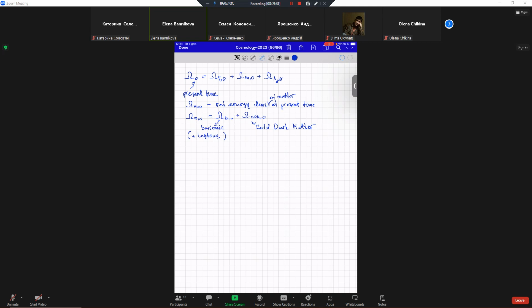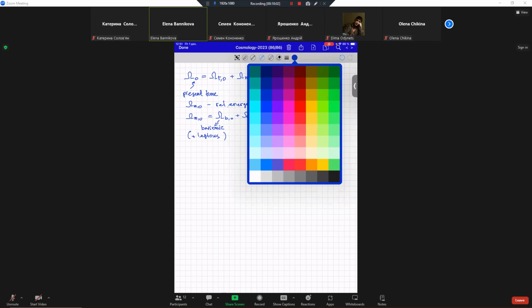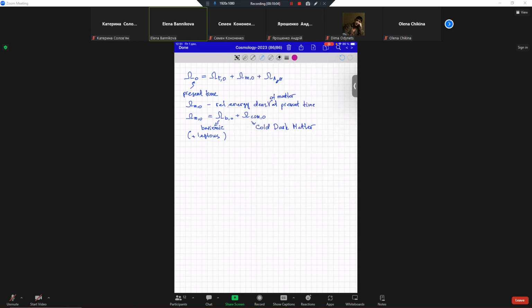About cold dark matter, in principle, of course, it's not important to say exactly cold. In a much more general case, we can speak about warm or hot dark matter.